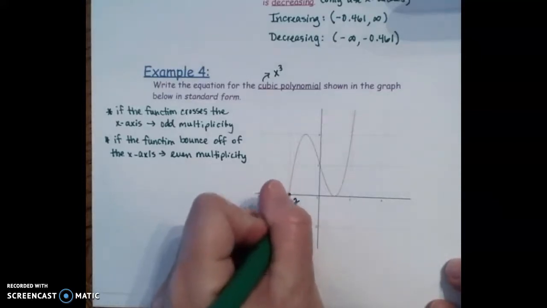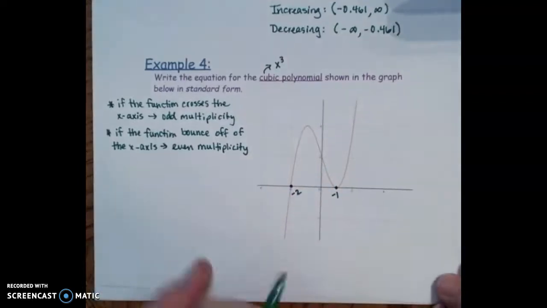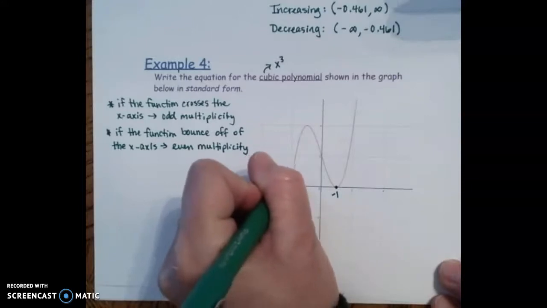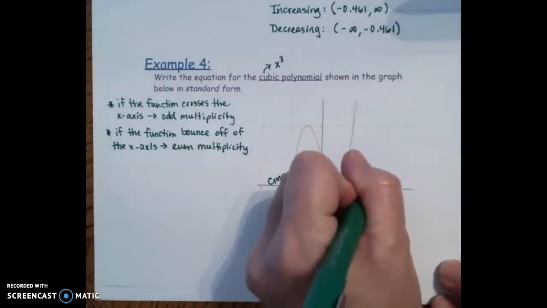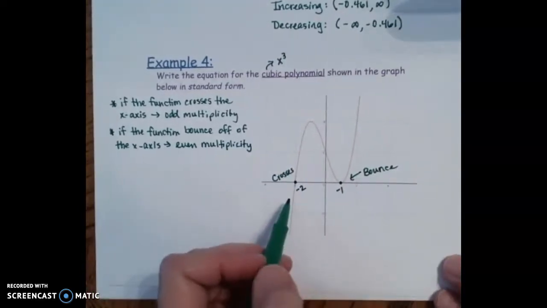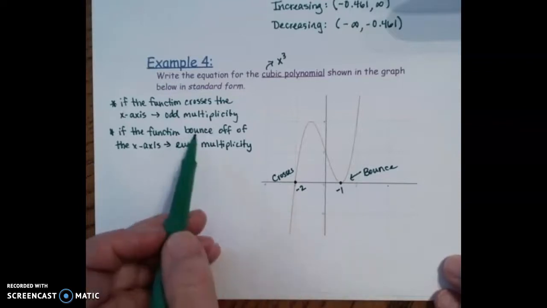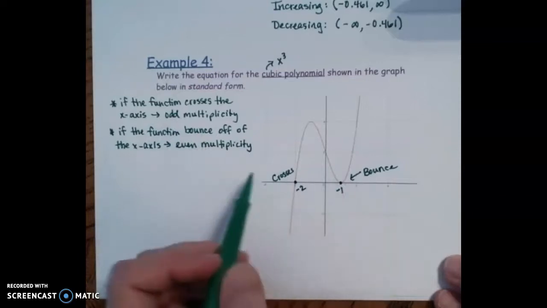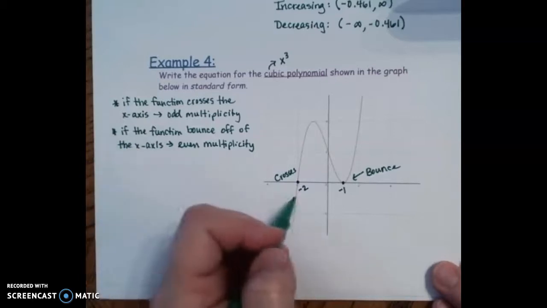So here is a 0 at -2 and our other 0 is at 1. This is crossing the x-axis. This is bouncing off of the x-axis. So when I write my factors, because this one is crossing, it has to have odd multiplicity, and because it's bouncing here, it needs even multiplicity.